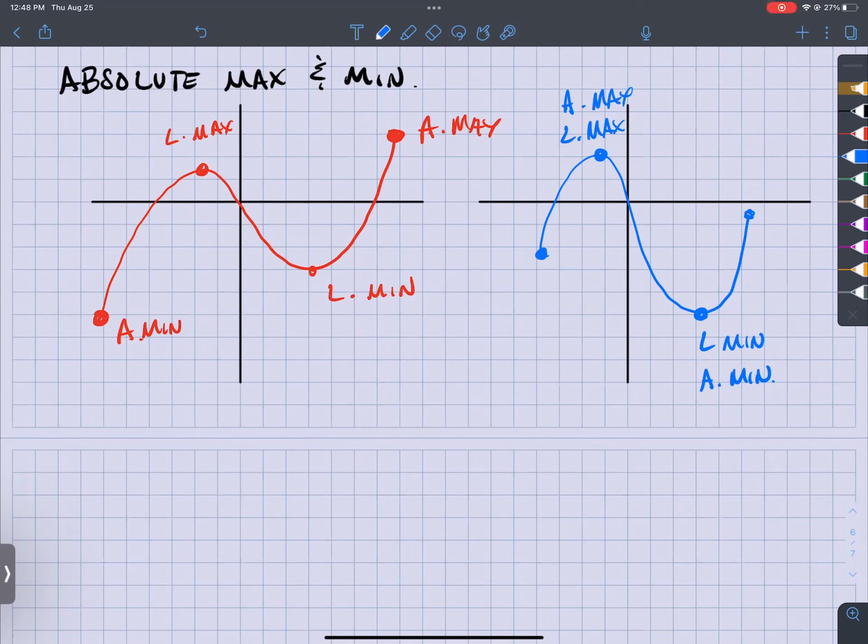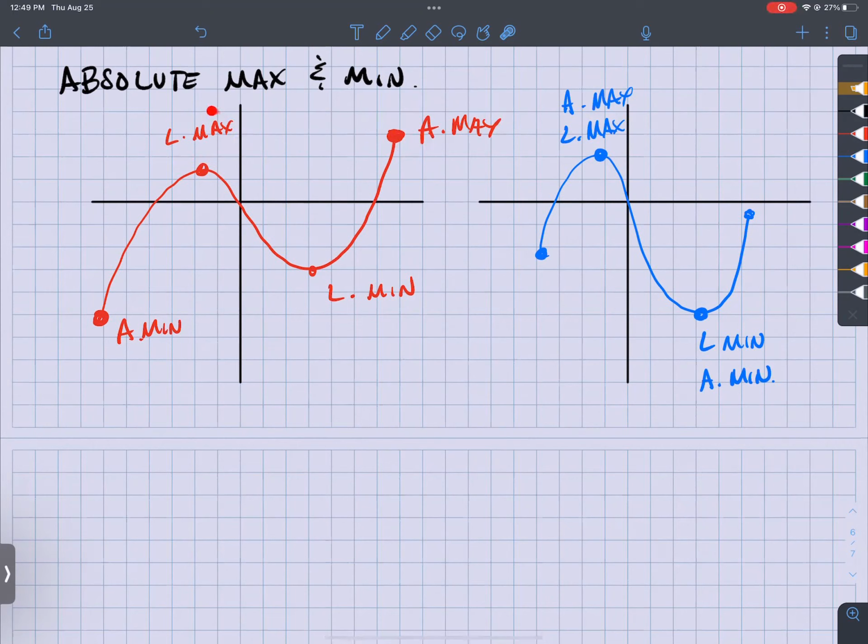I'm a little confused. Why? I don't get the difference between the two graphs. Is this point the highest point in this graph? Yes. That's why it's the absolute max. Okay.